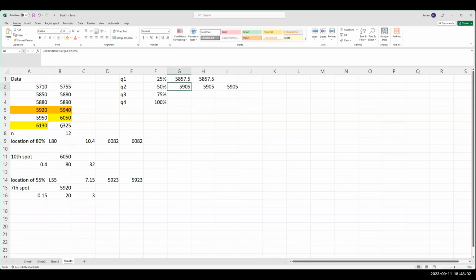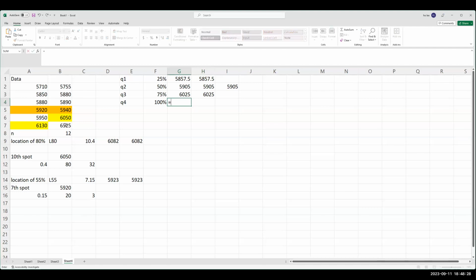Look, all the same. The third one: percentile.exc, put in the data, 75%, close parentheses. Or quartile.exc, put in the data, 3.